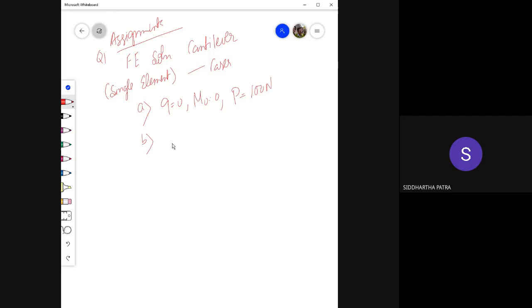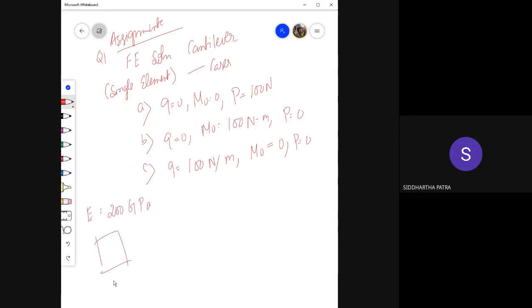B: Q equals 0, M0 equals 100 Newton meter, P equals 0. C: Q equals 100 Newton per meter, M0 equals 0, P equals 0, and for all of this, E equals 200 GPa.